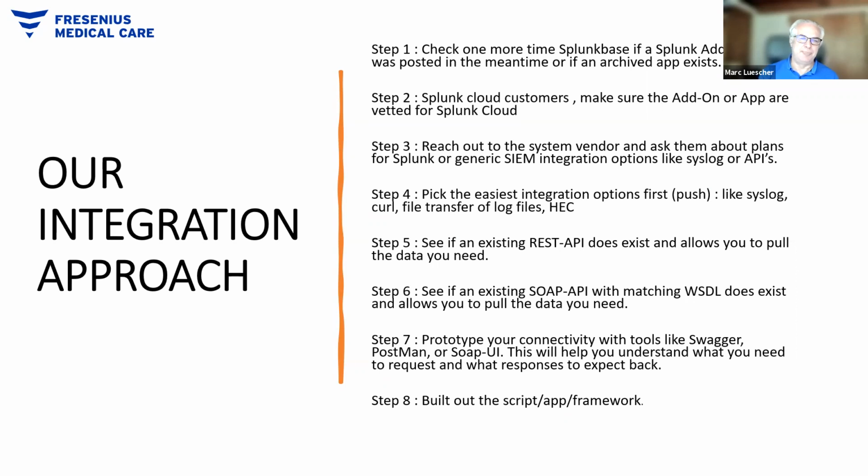Step number 4, pick the easiest integration option. For me, that means if you have any way of pushing the data to your environment, try to push your data. If that option is not available, see if there is a REST API which does exist and allows you to pull the data from your heavy forwarders or your IDM into Splunk.